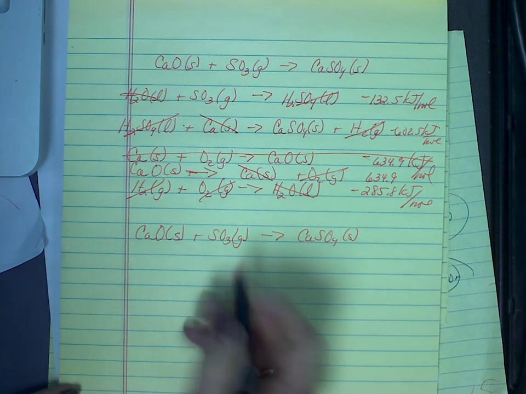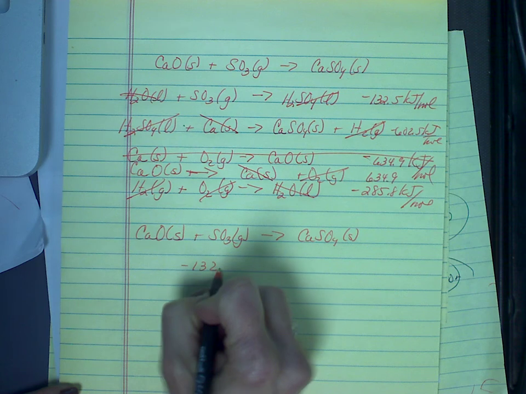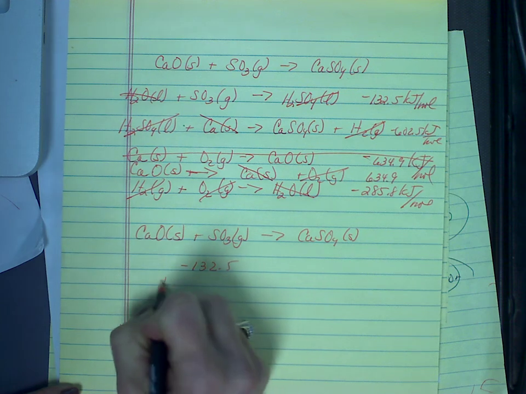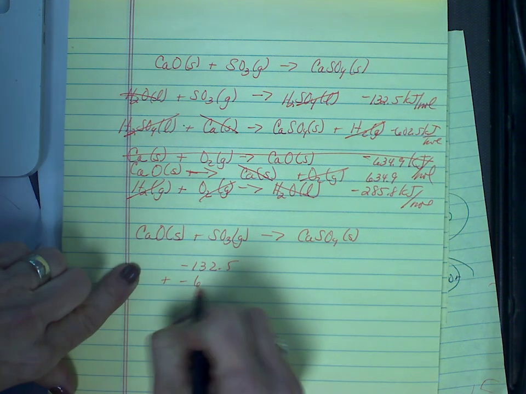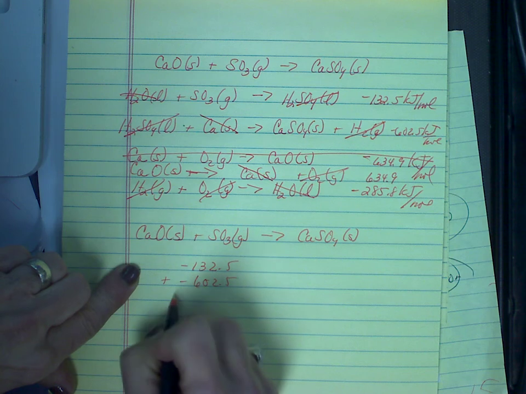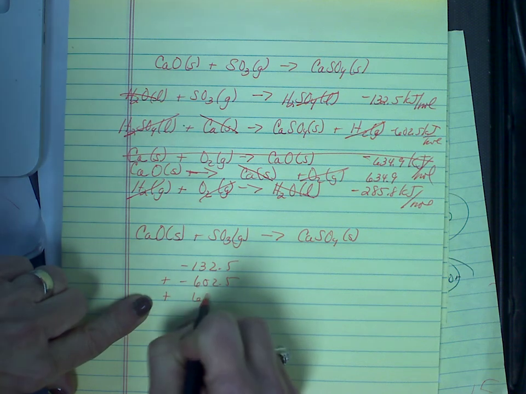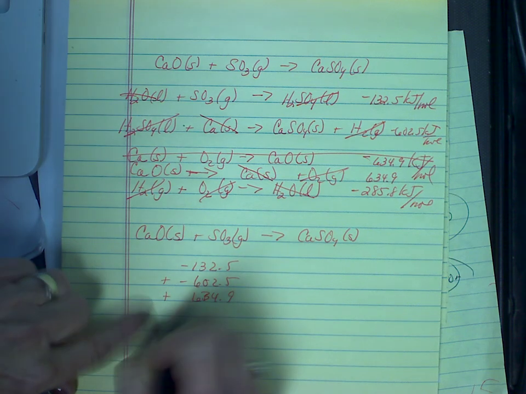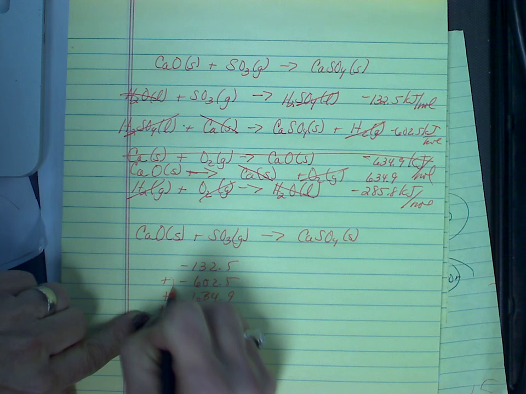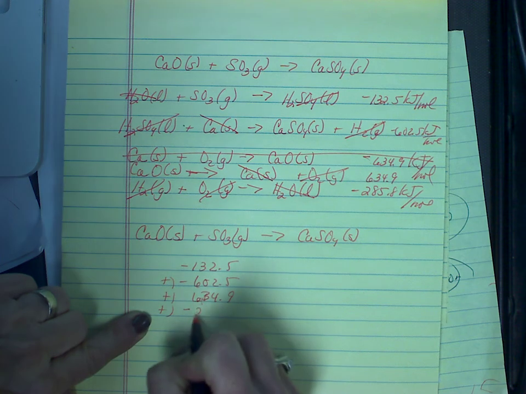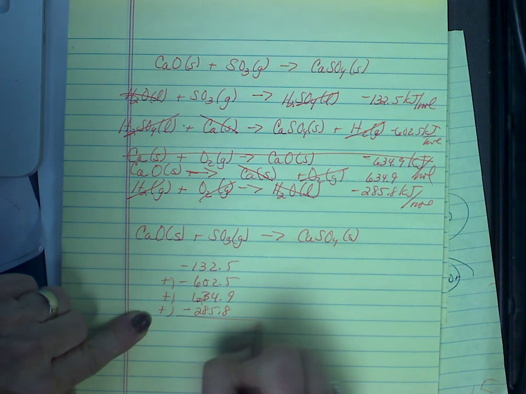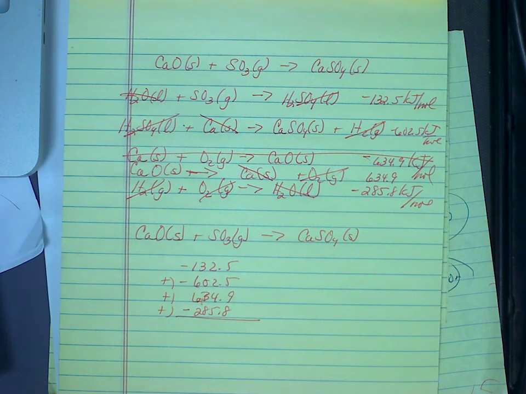Now, this is what we got to do. Negative 132.5 plus negative 602.5 plus 634.9 plus negative 285.8. And the sum of those now will give you your answer, okay?